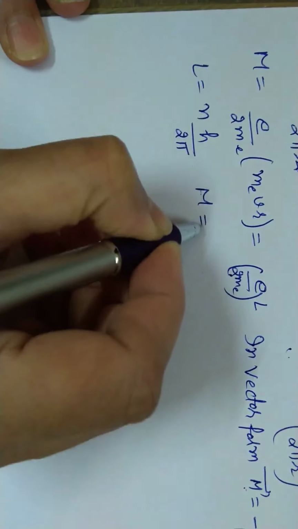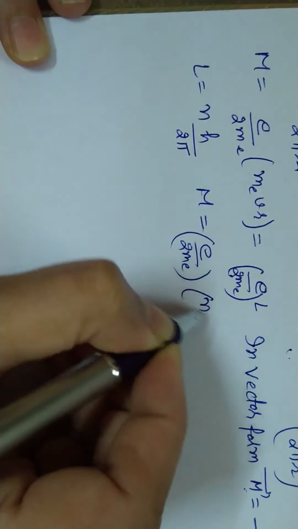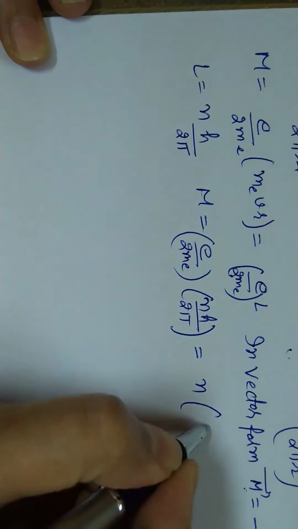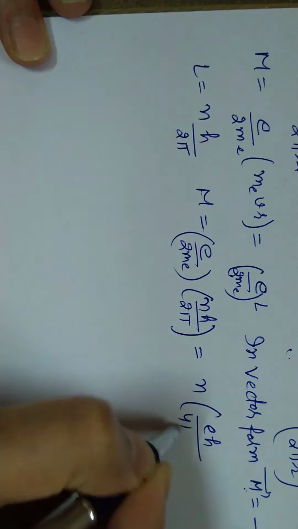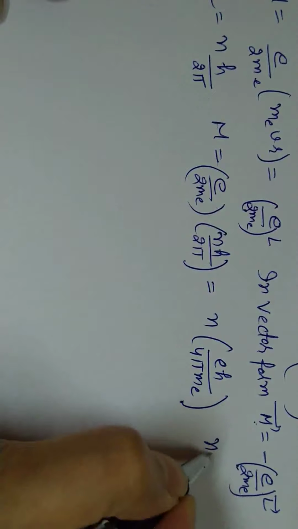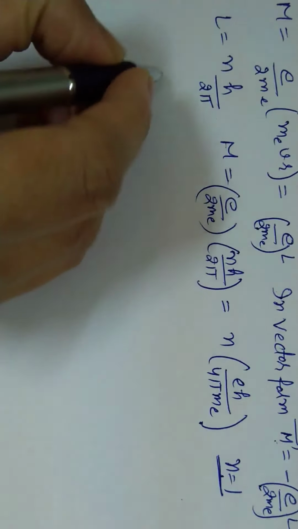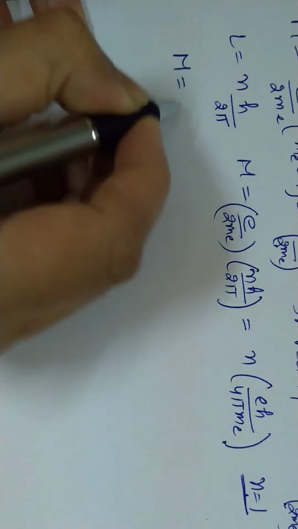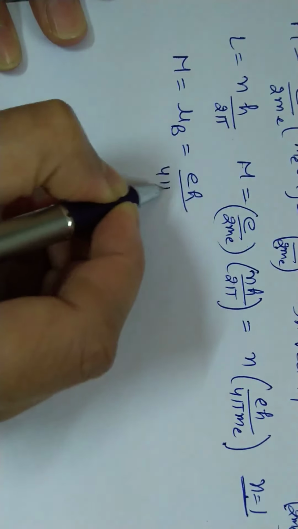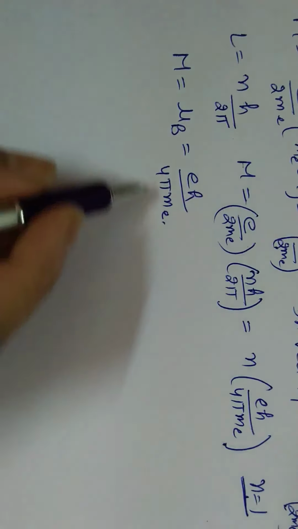So we write this m, that is e upon 2 m_e times L, in terms of nh upon 2 pi, or we can say n eh upon 4 pi m_e. And when n is equal to 1, this magnetic dipole moment, that is mu B, is eh upon 4 pi m_e.